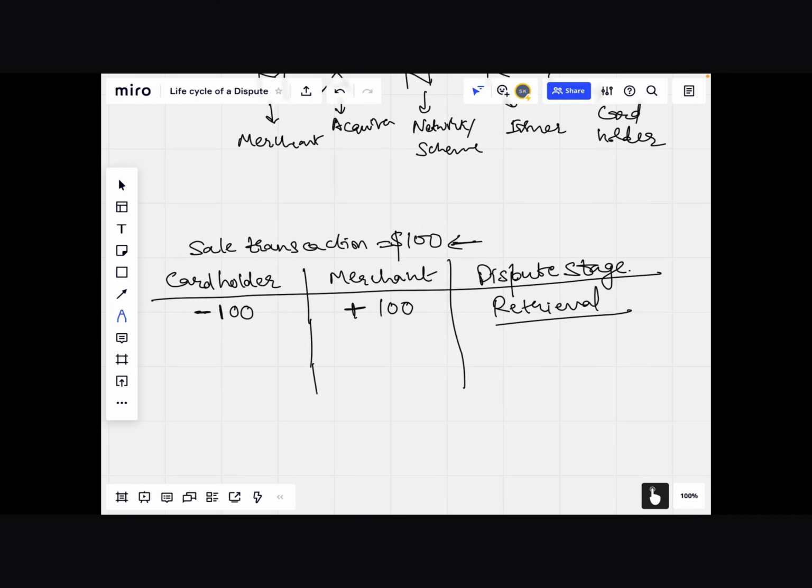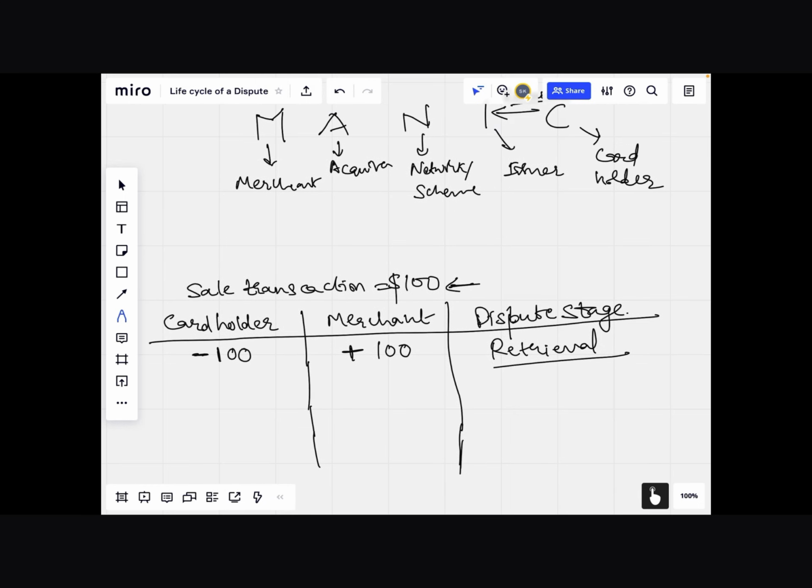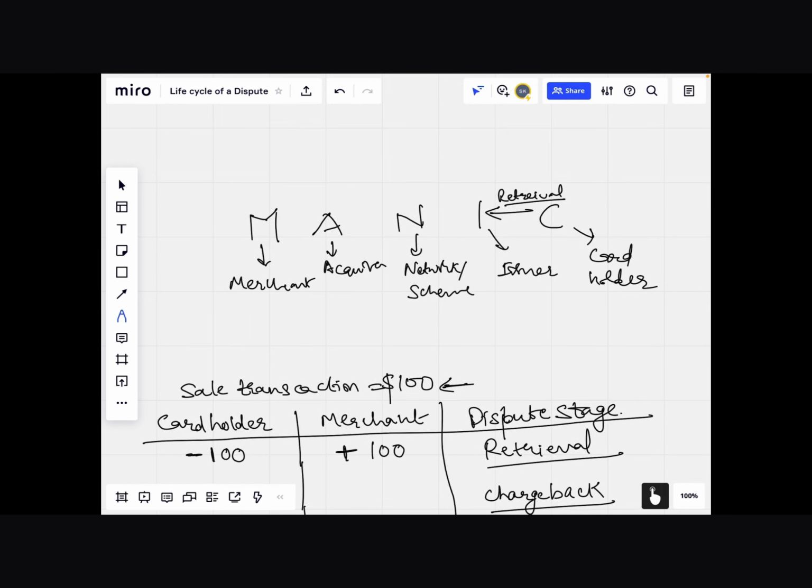Now the issuer will look into the case, and depending upon the proof that the cardholder provides, he may want to raise a chargeback. So the next stage is a chargeback. In this chargeback, the issuer will try to contact the merchant through the network and the acquiring side and say that I would like to raise a chargeback.